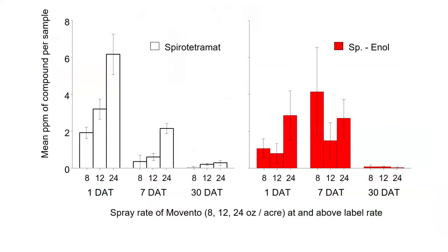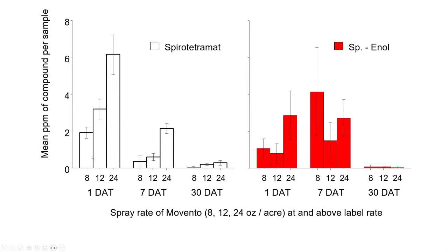We get a lot of questions about rate of spirotetramat. Should I go on 8 ounces? Should I go on 6 ounces and then later in the season 6 ounces, or 8 ounces and later in the season 4 ounces? So here we did a trial where we actually went over rate. We put it on at 8, 12, and 24 ounces.